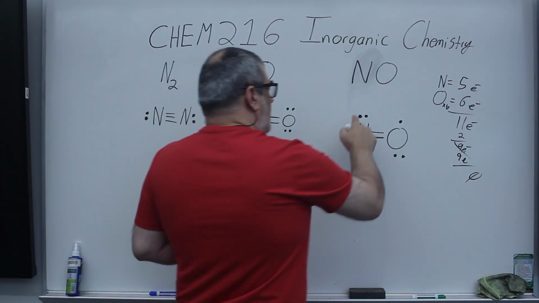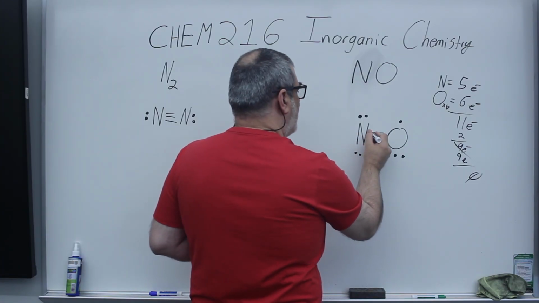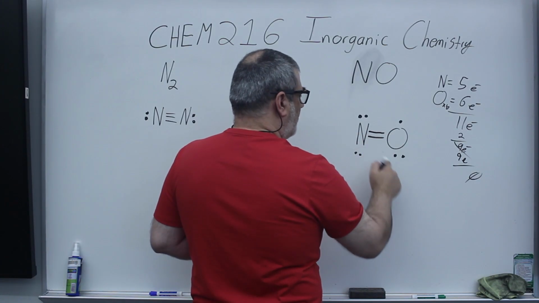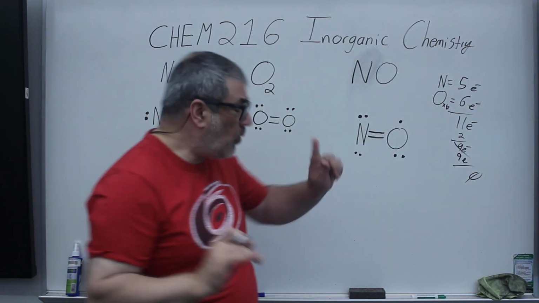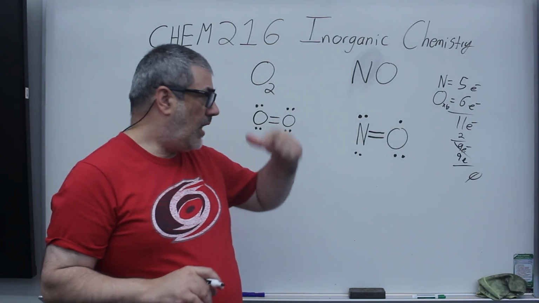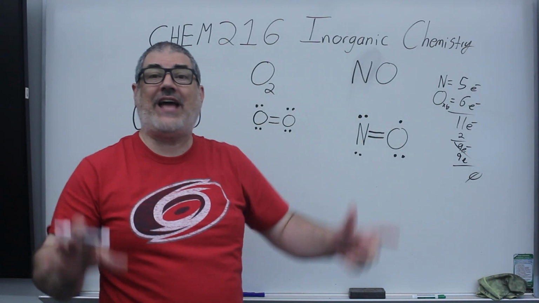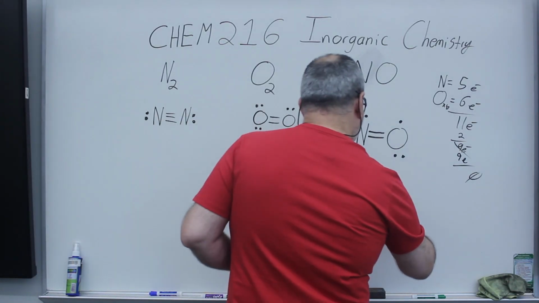Okay? 2, 4, 6, 8. Nitrogen is obeying the octet rule. Oxygen, 2, 4, 6, 7. It's not obeying the octet rule, but for now we'll pretend that that single electron is behaving exactly like a lone pair.